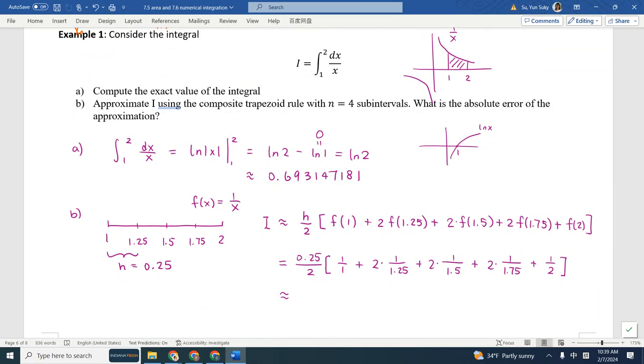Syntax error. In your calculator, you can put 2 over 1.25 plus 2 over 1.5.